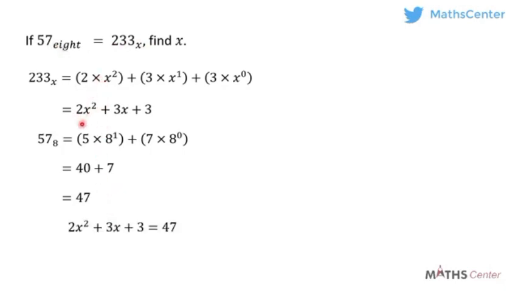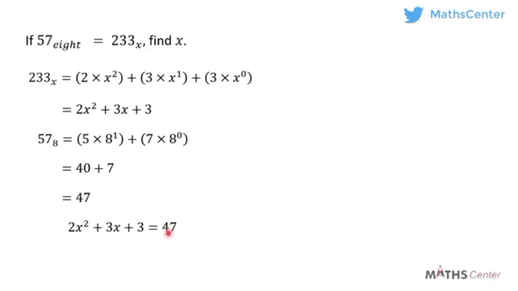When we do that, we will have 2x squared plus 3x plus 3, which is the same as 233 base x, being equal to 47, which is the same as 57 base 8. So we have 2x squared plus 3x plus 3 is equal to 47. This is a quadratic equation. Let's rearrange it and solve it.